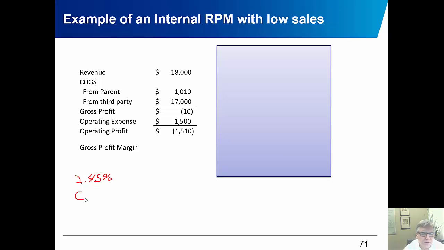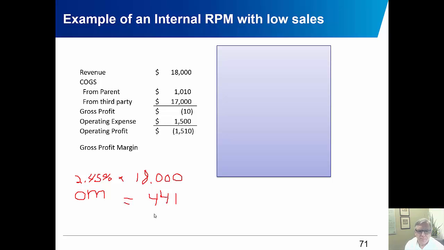I'm going to label that down here so you know I'm not talking about the gross margin. If you multiply that times the total sales of the 18,000, you're going to expect the profit to equal, I think I worked out the number, 441.